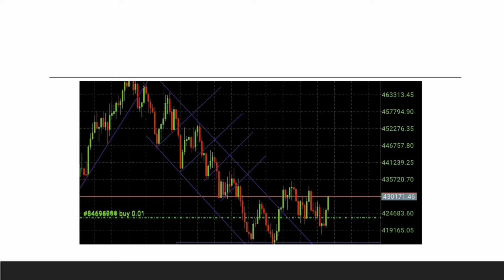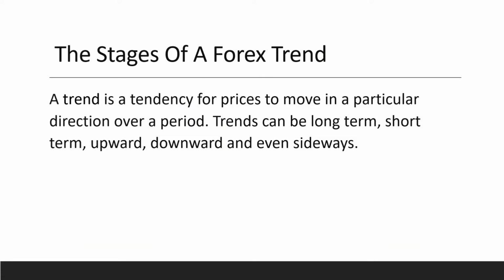Let's look at the stages of a forex trend. A trend is a tendency for price to move in a particular direction over a period. So the trend can be a long-term trend, a short-term trend, an uptrend, a downtrend, or even a sideways trend. These are the stages that the trend goes through, and we always have to take note of the trend of the market.